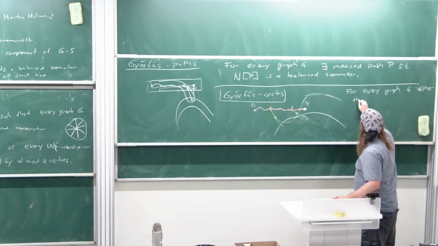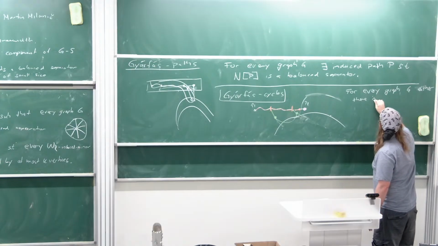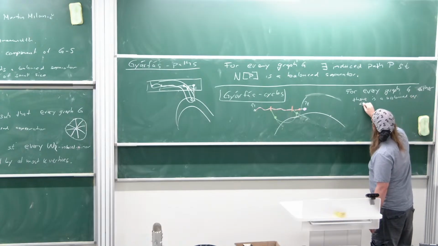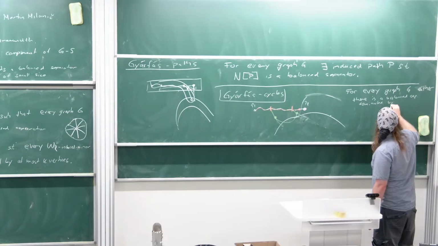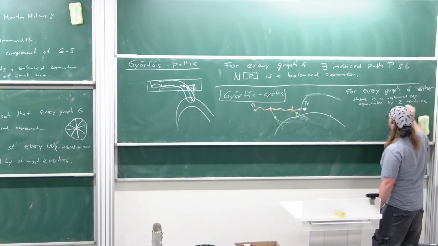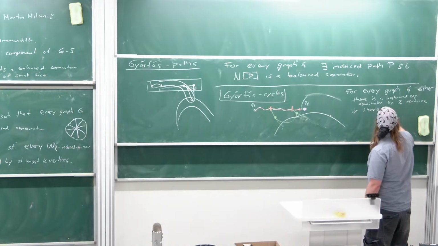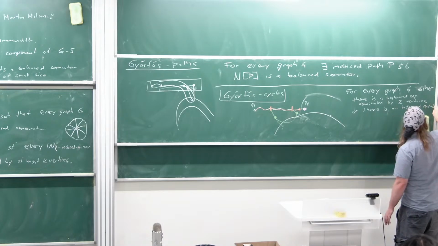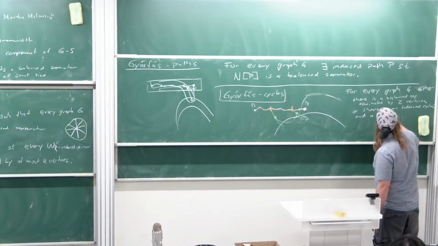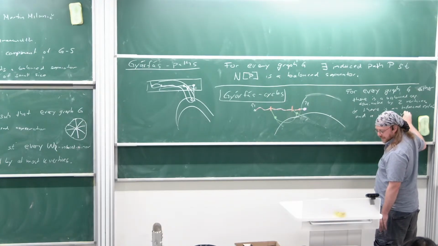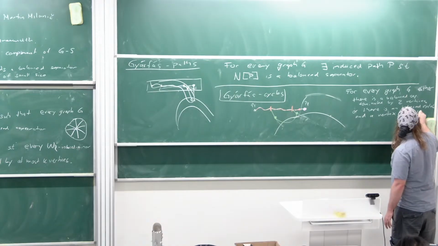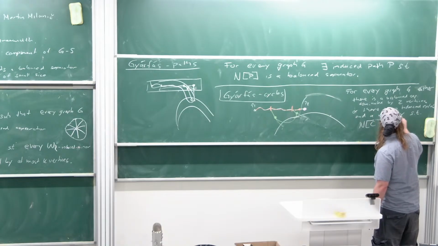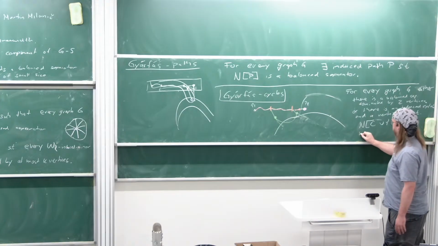So either there is a balanced separator dominated by 2 vertices, or there is an induced cycle C and a vertex V such that the closed neighborhood of the cycle union V, so the closed neighborhood of everything, is a balanced separator.